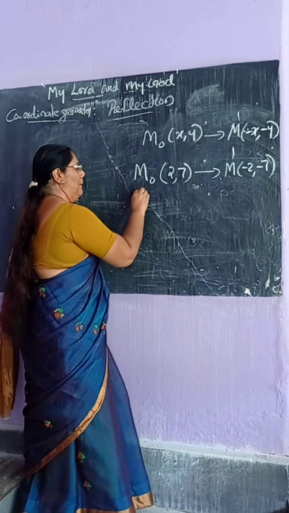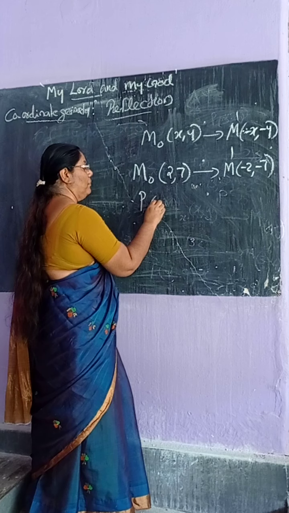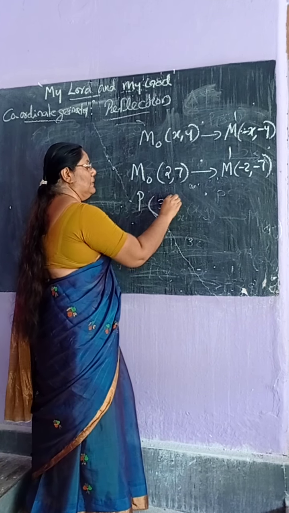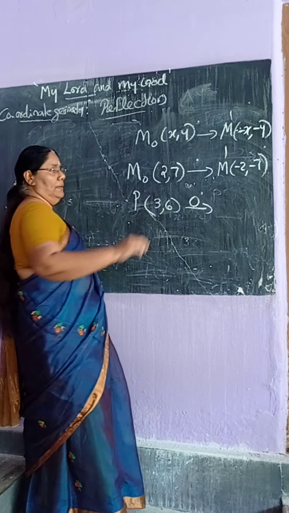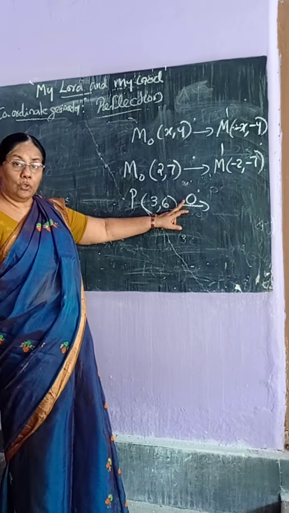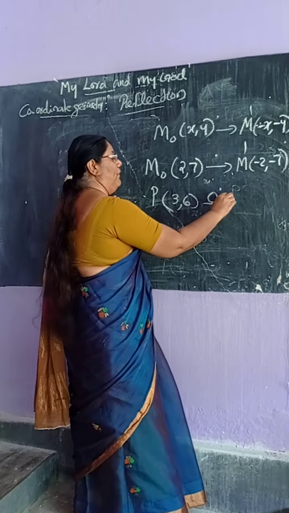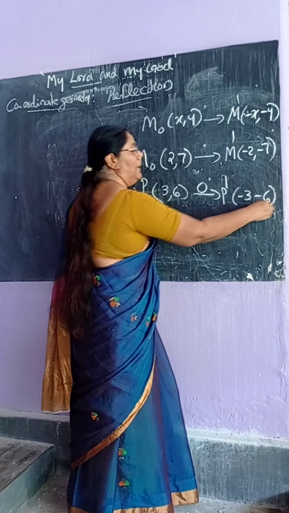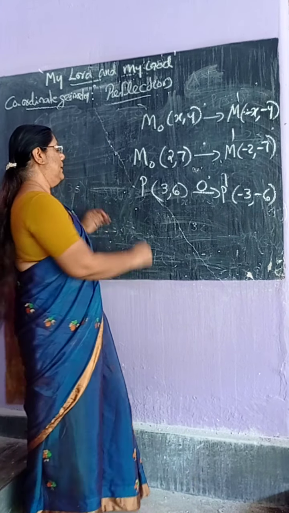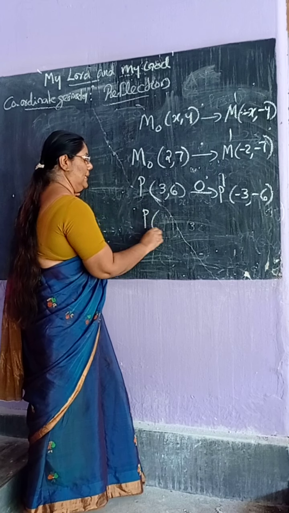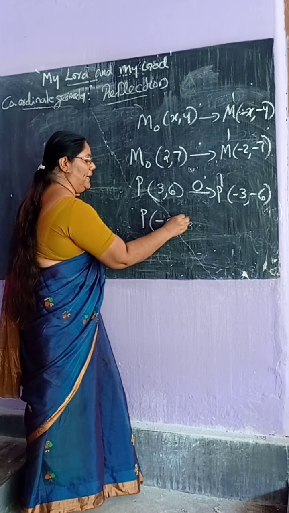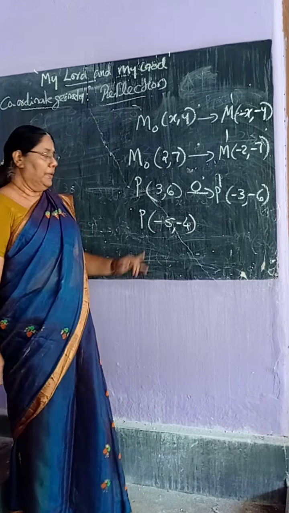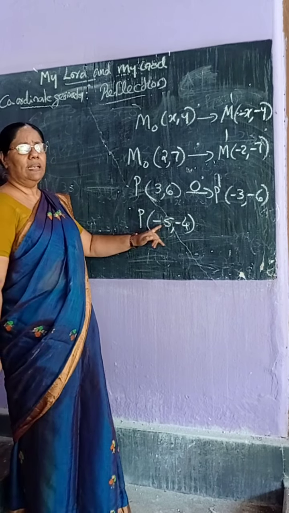Then one more. P (3, 6) through the origin. Meaning is through the origin. When we reflect a point through the origin, both the coordinates change: (-3, -6). The next one. P is equal to (-5, -4). Here both the numbers are negative.